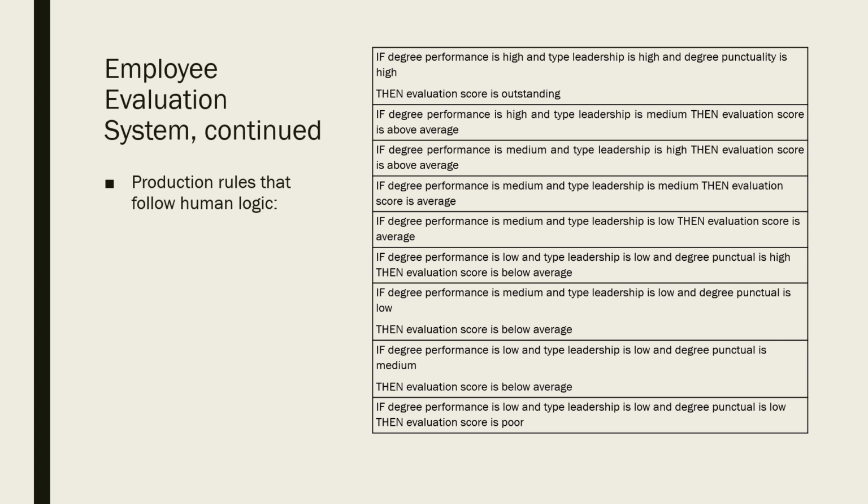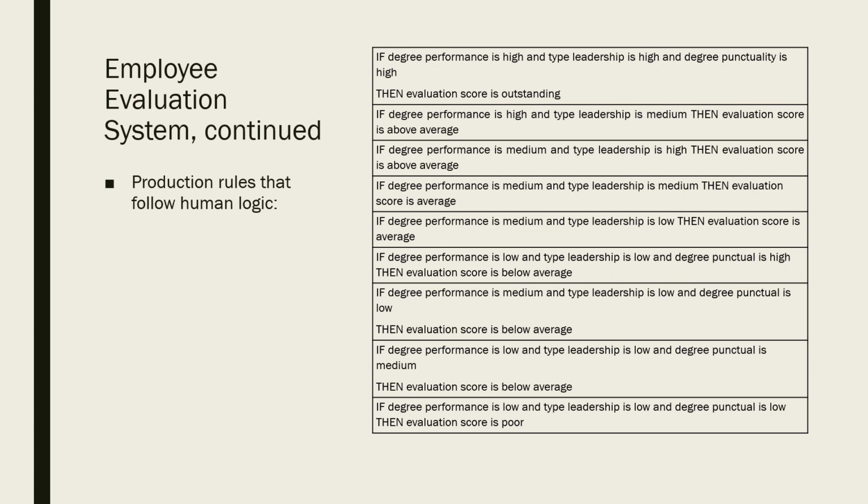So here are the production rules that I wrote for the system that follow human reasoning and instruct the system about which combination of categories map to which score. So one example of a production rule in the system is if degree performance is high and leadership is high and degree punctuality is high, then evaluation score is outstanding.